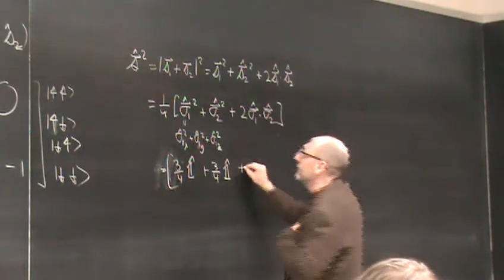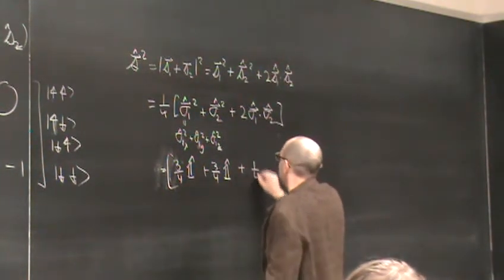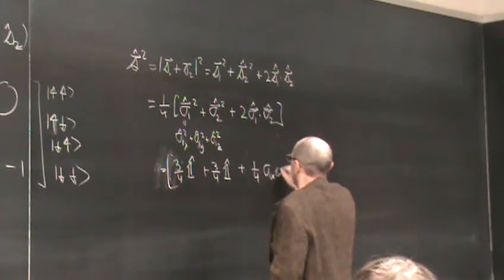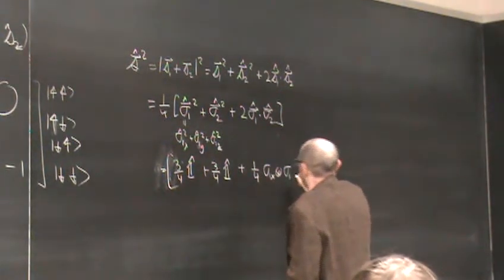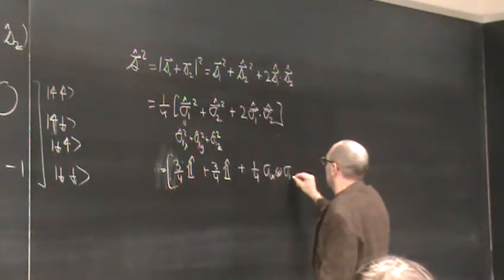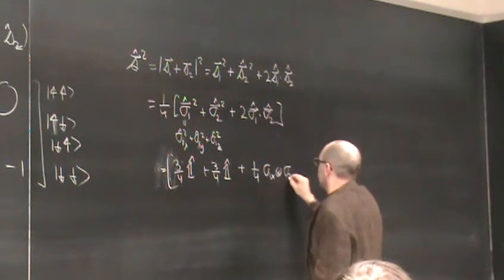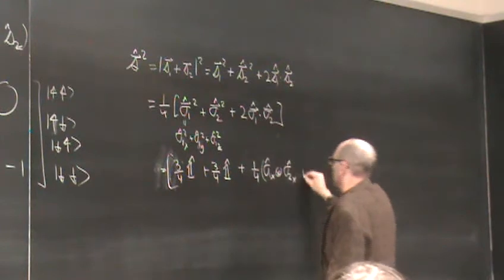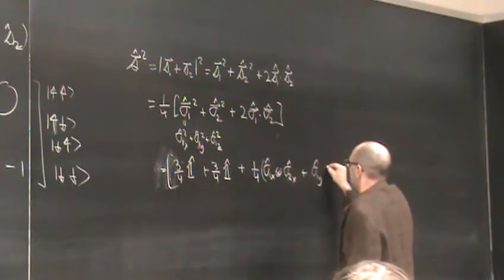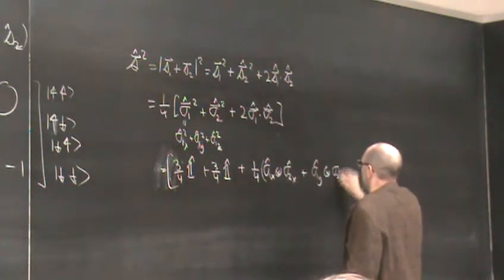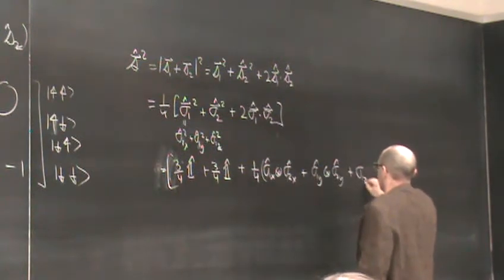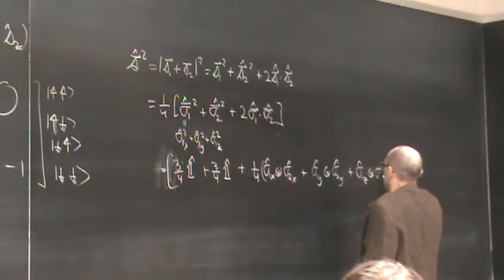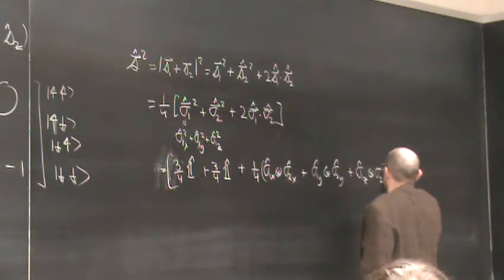Well, this is equal to 1/2 sigma 1x tensor sigma 2x plus sigma 1y tensor sigma 2y plus sigma 1z tensor sigma 2z.